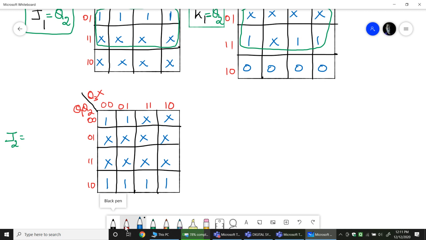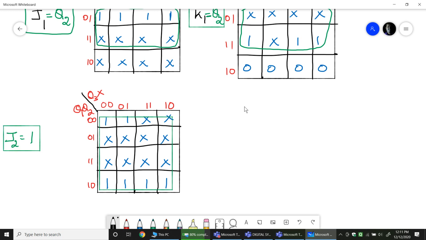So therefore here I will be grouping all, because see no zeros here, so I can group the entire table. So when I group the entire table, I will end up getting J2 equal to 1.